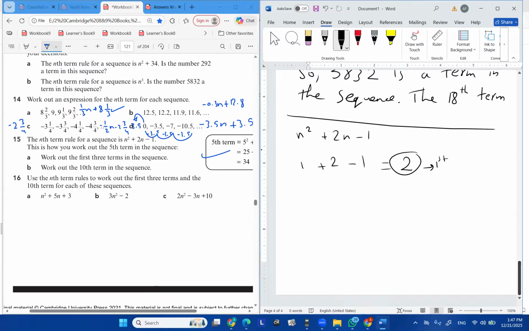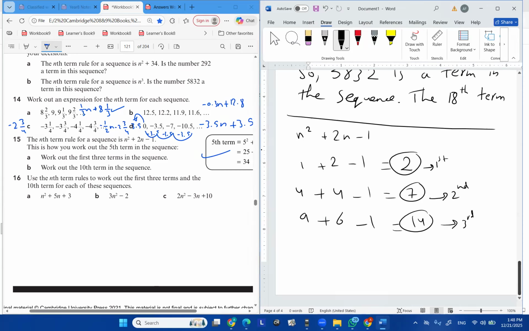Second term, 2 squared is 4, plus 2 times 2 is 4, minus 1 equals 4 plus 4 is 8, minus 1 is 7, Mister. That's the second term. Third term, 3 squared is 9, plus 2 times 3 is 6, minus 1 equals 15 minus 1 is 14, Mister.